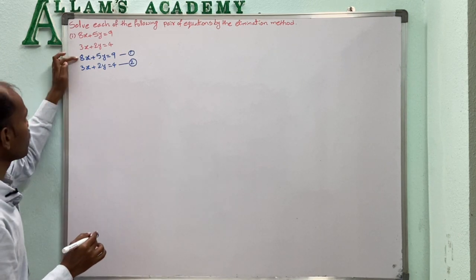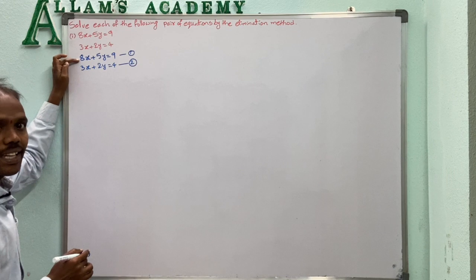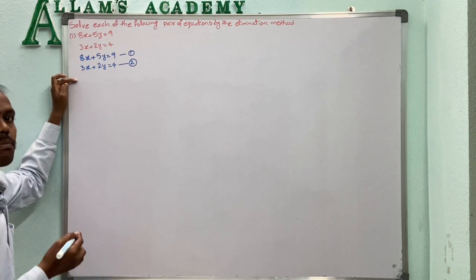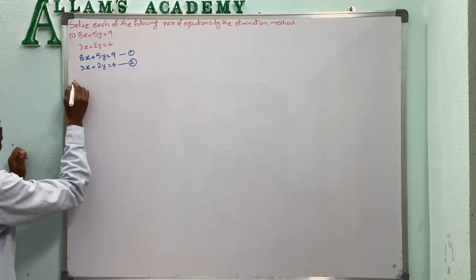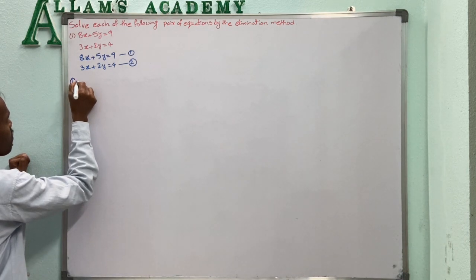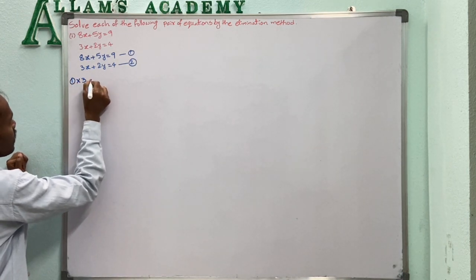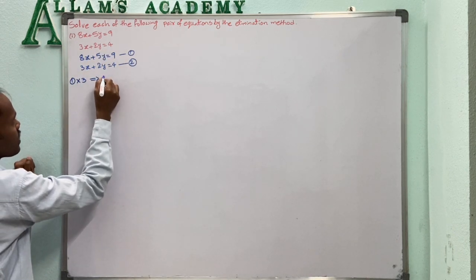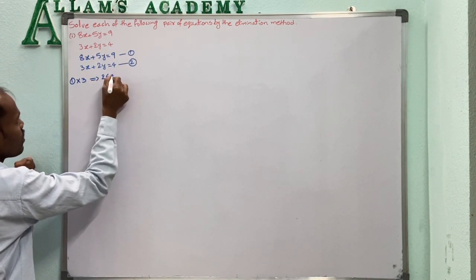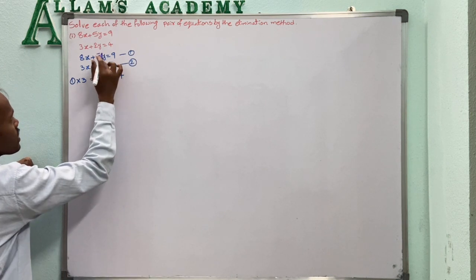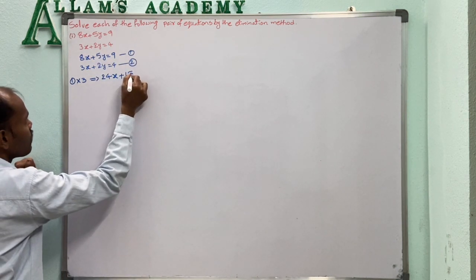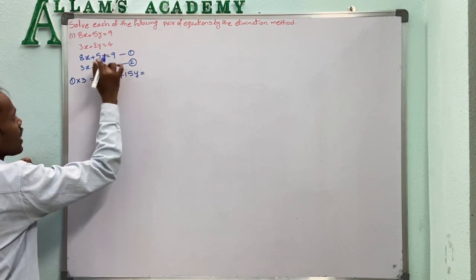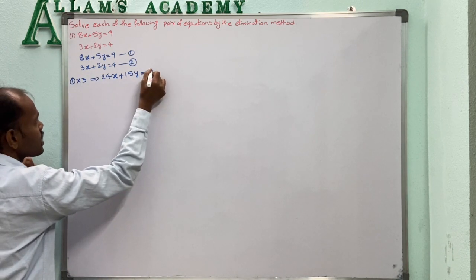That means the first equation is multiplied with 3 and the second equation is multiplied with 8. So first equation is multiplying with 3, then we can write the total equation multiplying with 3. So 8 3s are 24x plus 5 3s are 15y equal to 9 3s are 27.